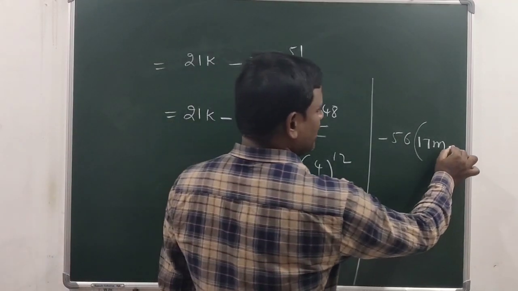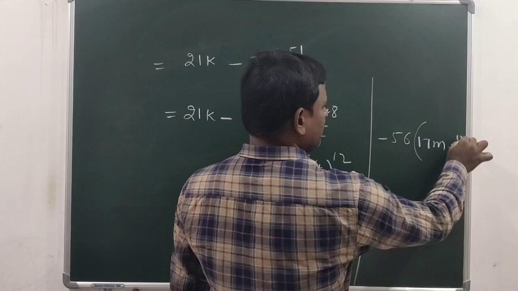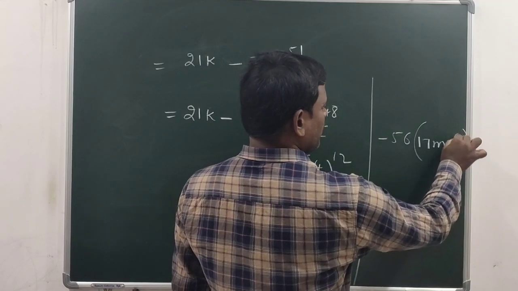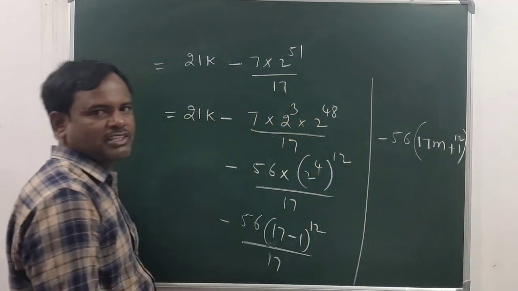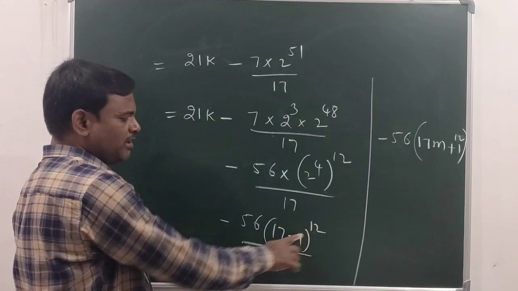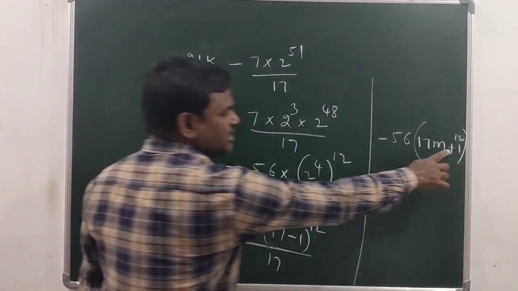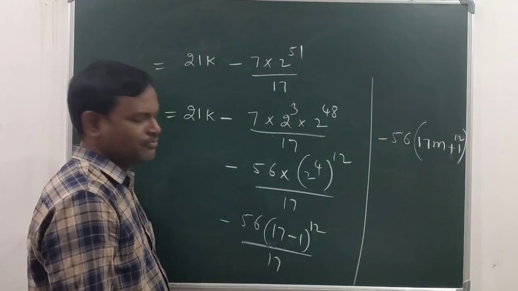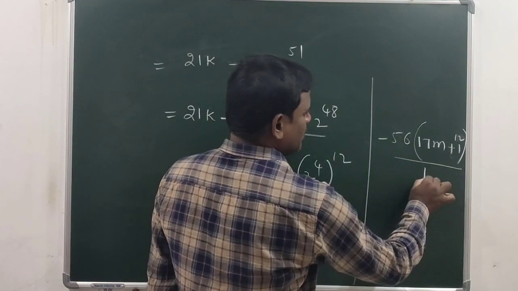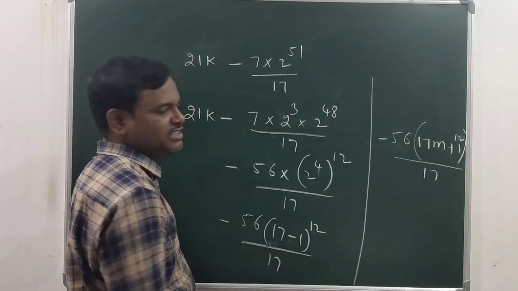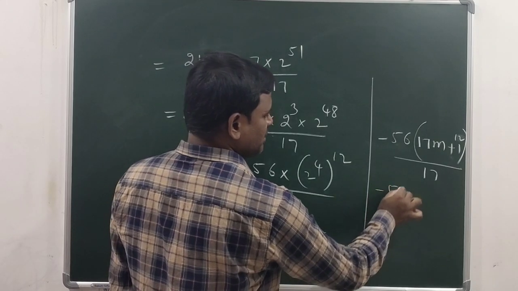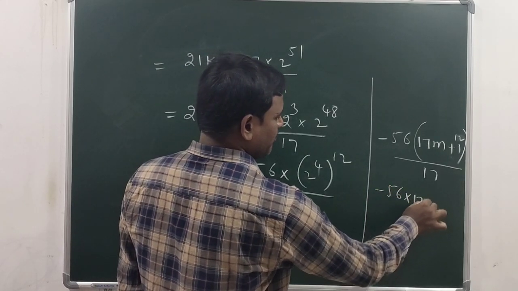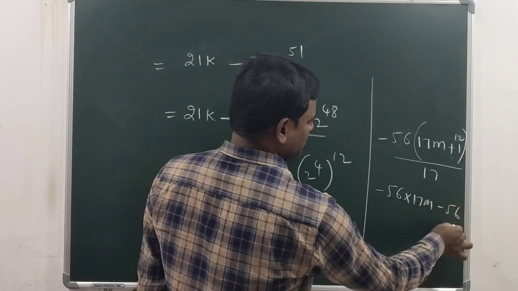Even though, here you will get 1 power 12. As I said to you, here even, here it is minus. So in such case you will get here positive sign only by 17. Now send this minus 56 inside, so that you will get minus 56 into 17m minus 56 by 17.